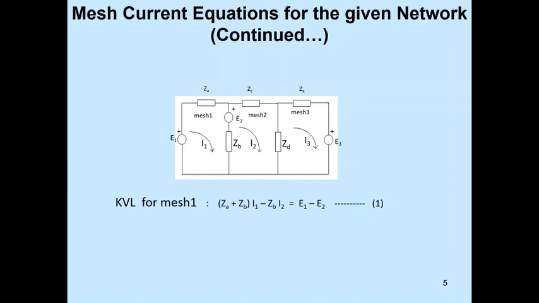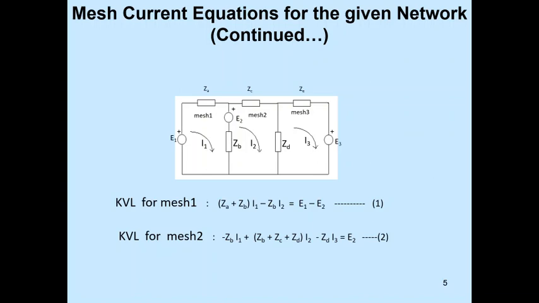The voltage across ZA is I1 ZA and the voltage across ZB is (I1 minus I2) into ZB. By adding these, E1 minus E2 is equal to ZA into I1 plus ZB into (I1 minus I2). Rewriting, we get (ZA plus ZB) into I1 minus ZB into I2 is equal to E1 minus E2. This is the first equation.